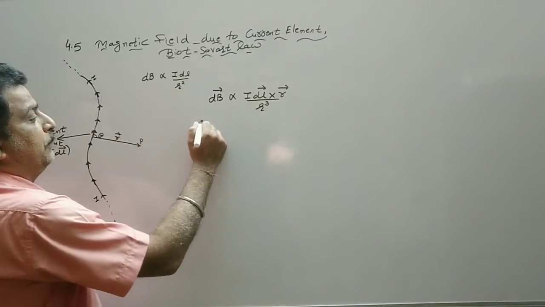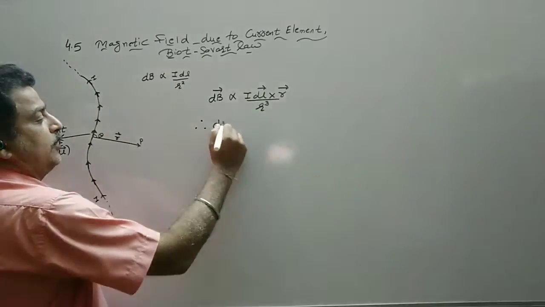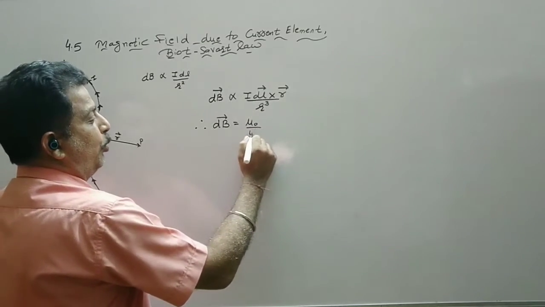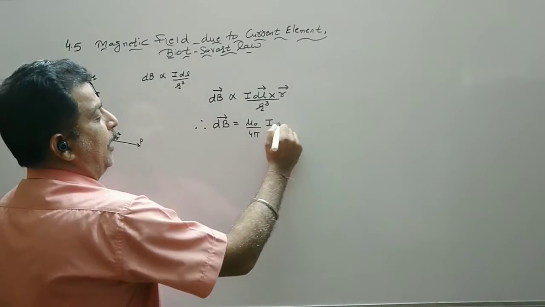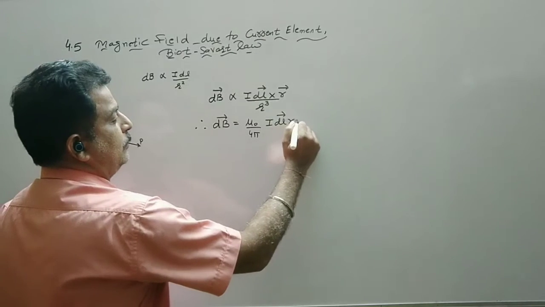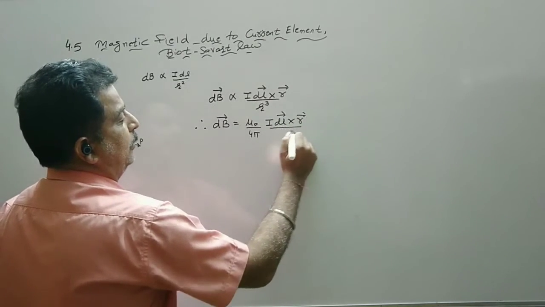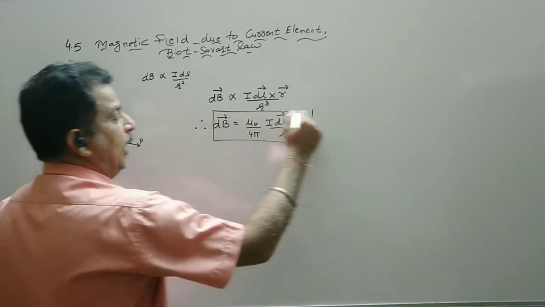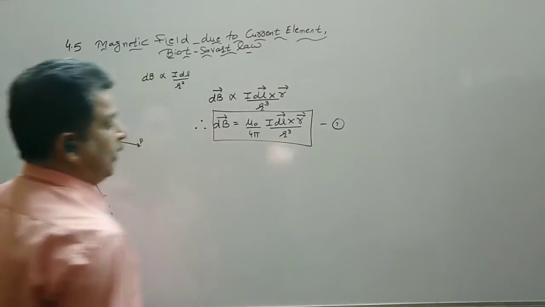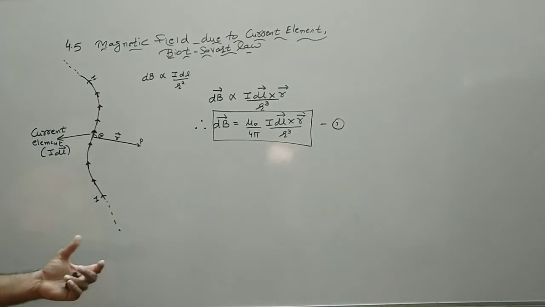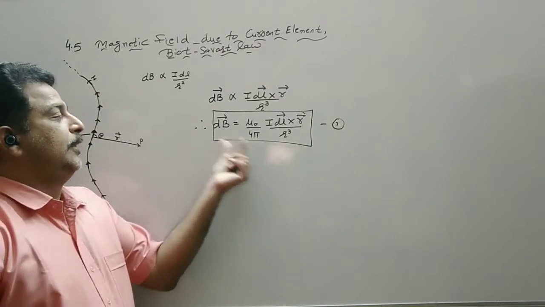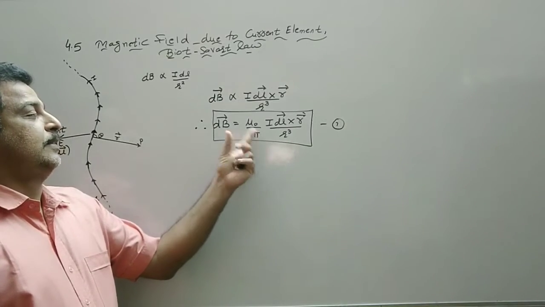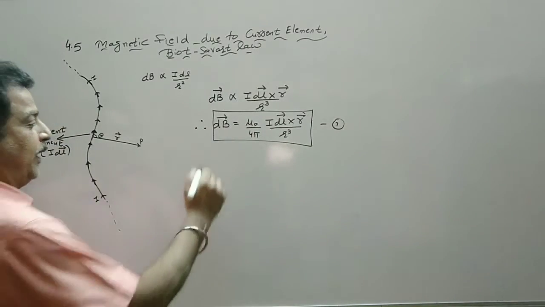And therefore, this dB can be written as mu naught upon 4 pi, I dL cross r vector divided by r cube. So like we have Coulomb's constant there, small k, which was 1 upon 4 pi epsilon naught, here we have a constant of proportionality, which is mu naught by 4 pi.